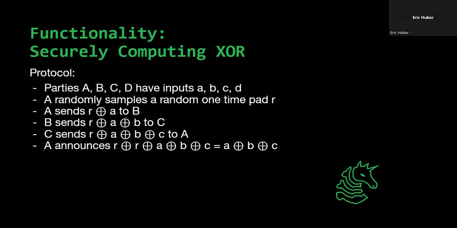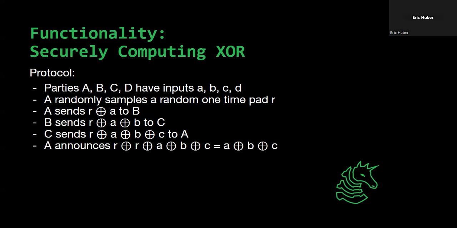B will XOR its result with its own input and send it to C. And then C will tack on its input and then send it back to A. Where, if we learned a little bit about XORing from computer science, then what A can do is XOR the result with R again and receive the output A XOR B XOR C, and announce it to all parties so they can share the same output.